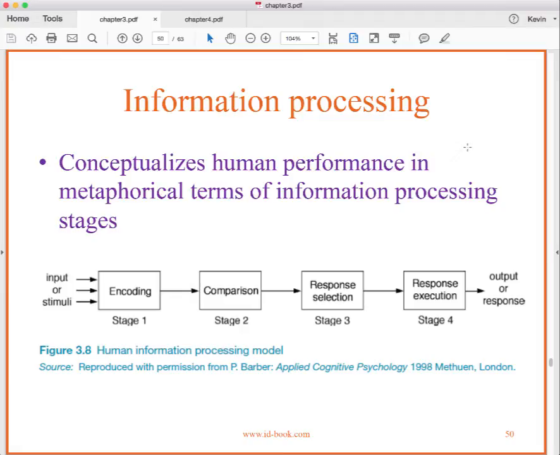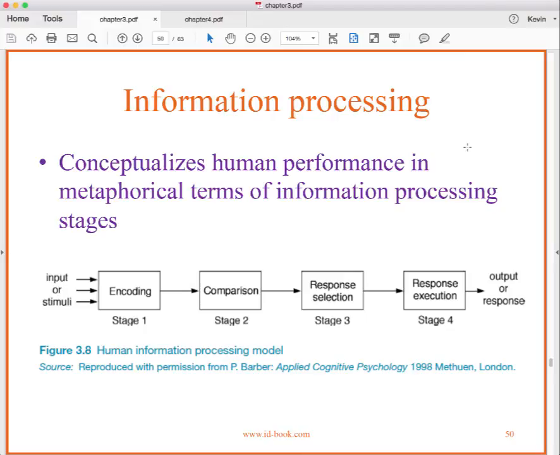Here's a human information processing model that's been around for a while. This is from Barber in 1998. And it's a model that conceptualizes human performance in metaphorical terms of information processing stages.